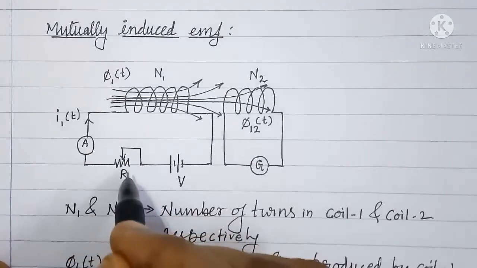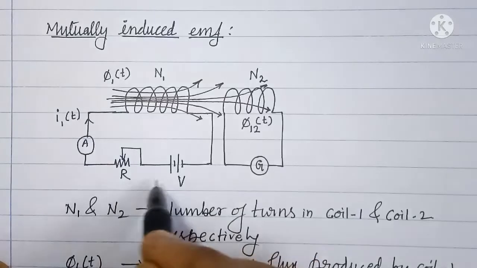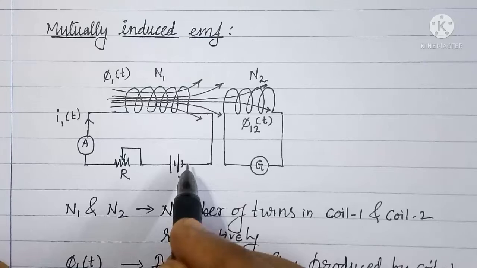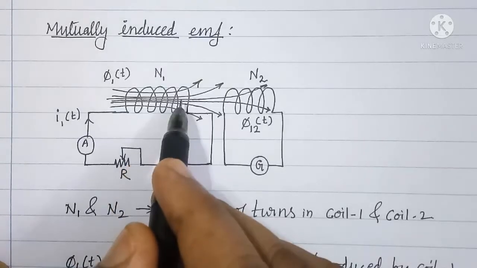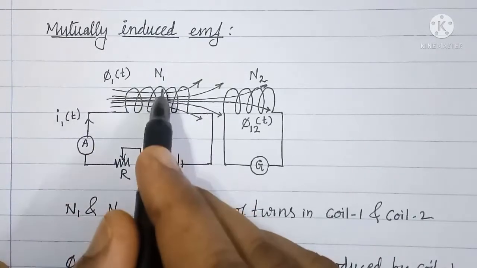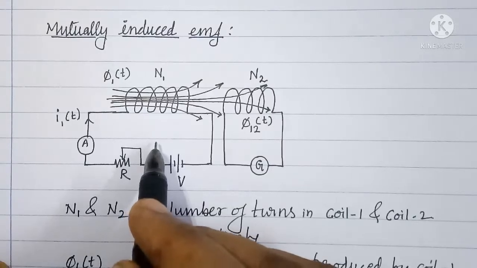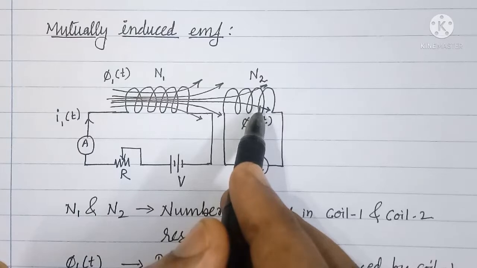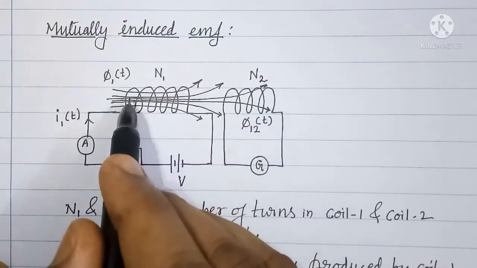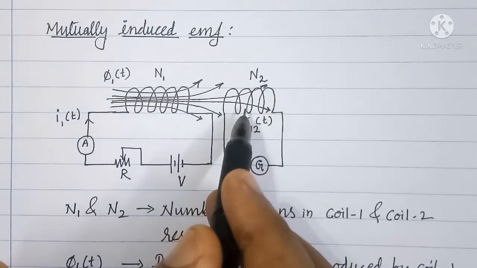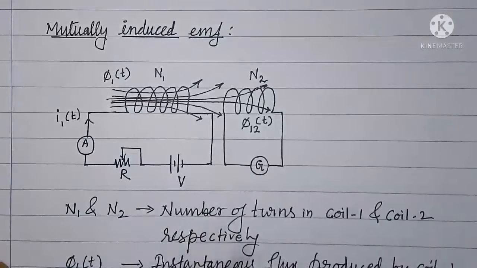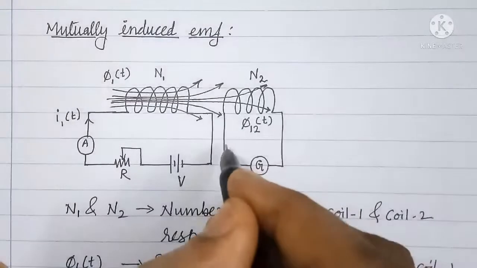Now if we vary the resistance R, then current flowing through the coil 1 will change, and because of that there will be change in the flux produced by the coil 1. As a result of that, the flux linking coil 2 produced by coil 1 will also change, and because of that there will be certain EMF induced in coil 2.